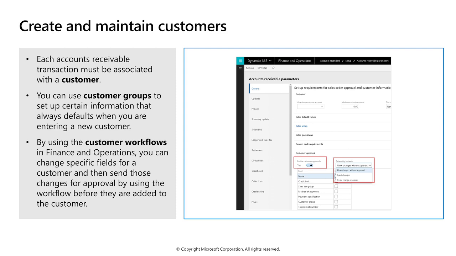Option create change proposal means all the fields will be changed except the fields that are enabled for workflow. The new value for those fields will be added to the customer as proposed change, and the workflow will be started automatically. In the list of customer fields, select and enable the checkbox for every field that must be approved before the change can be made.